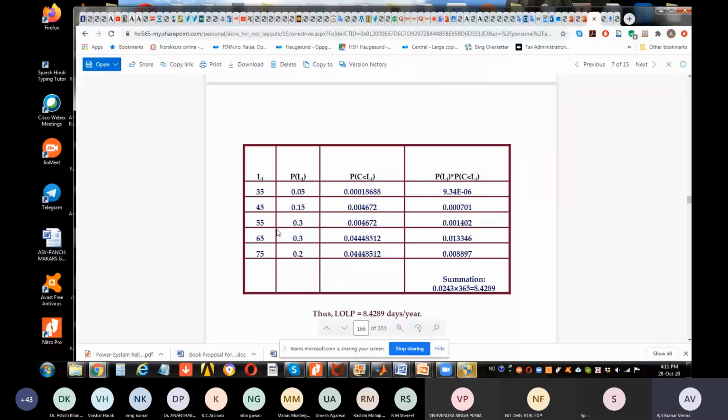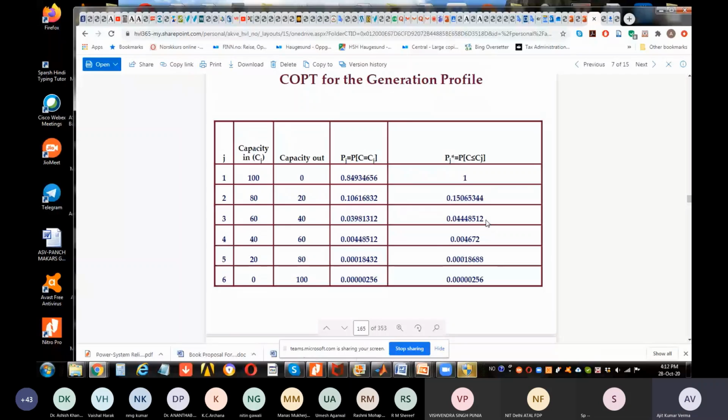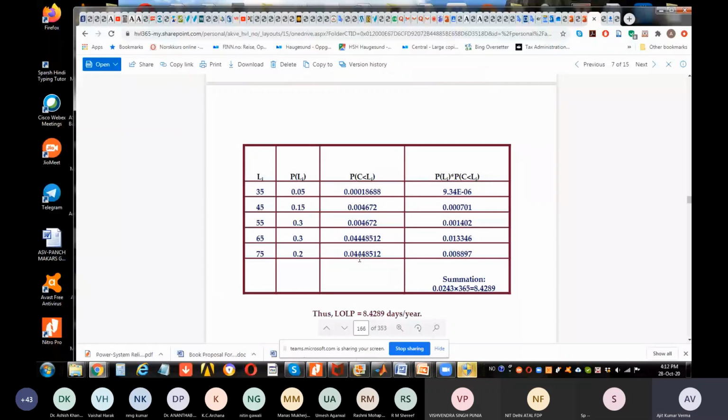When there is 75, then 60, 40, 20, 0 can again cause a loss of load. So the cumulative probability is 0.04448512, and this lasts for 20% of the time.